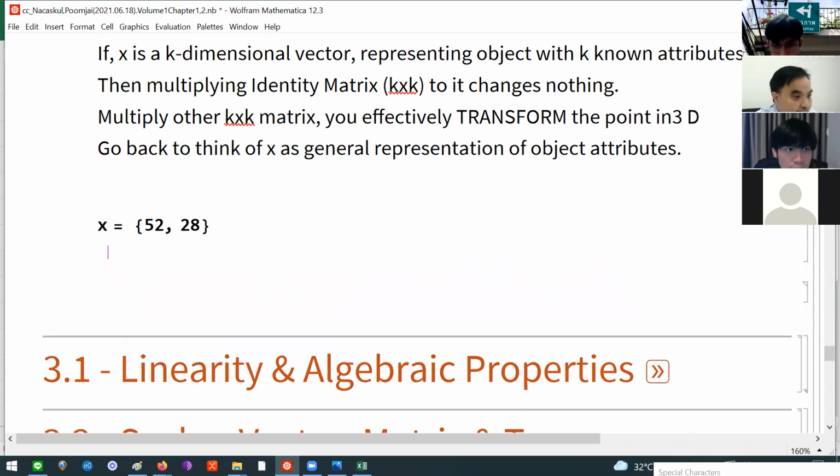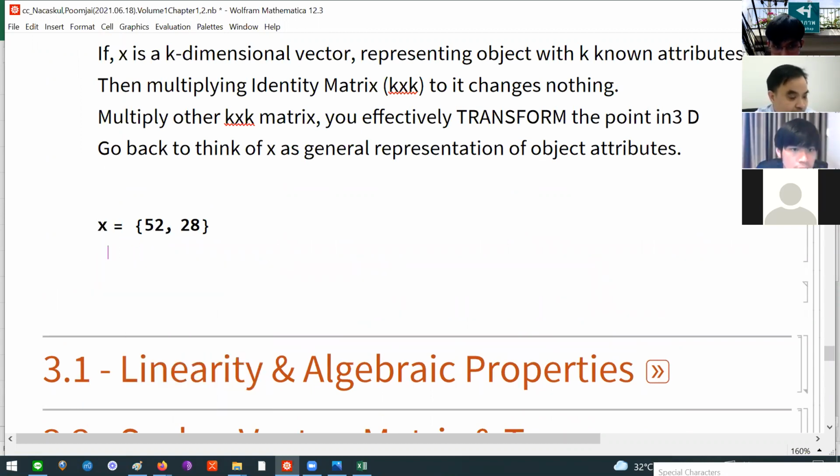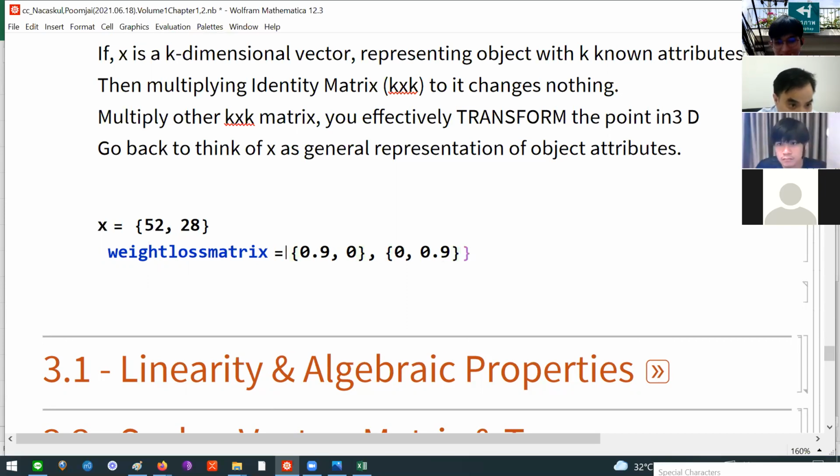And the weight loss matrix is equal to this.